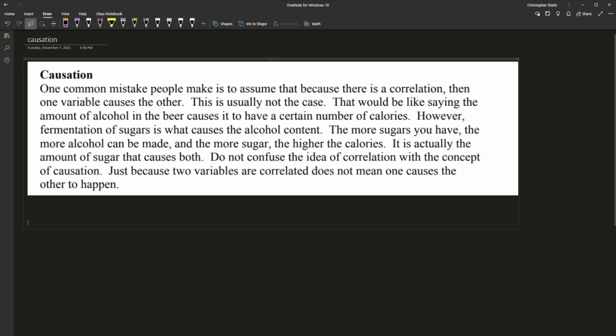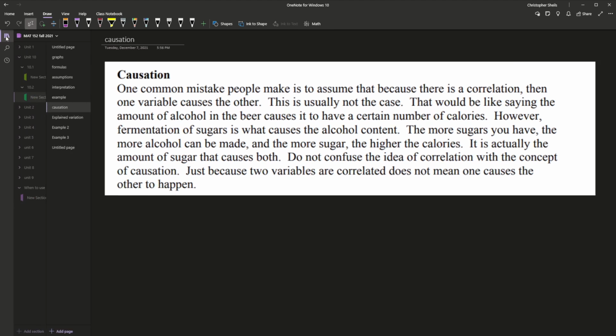Do not confuse the idea of correlation with the concept of causation. Just because two variables are correlated does not mean that one causes the other to happen. This is very important.